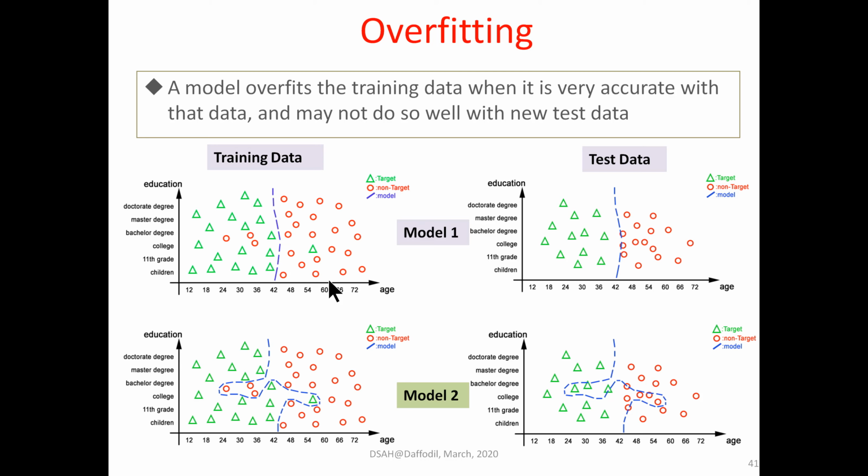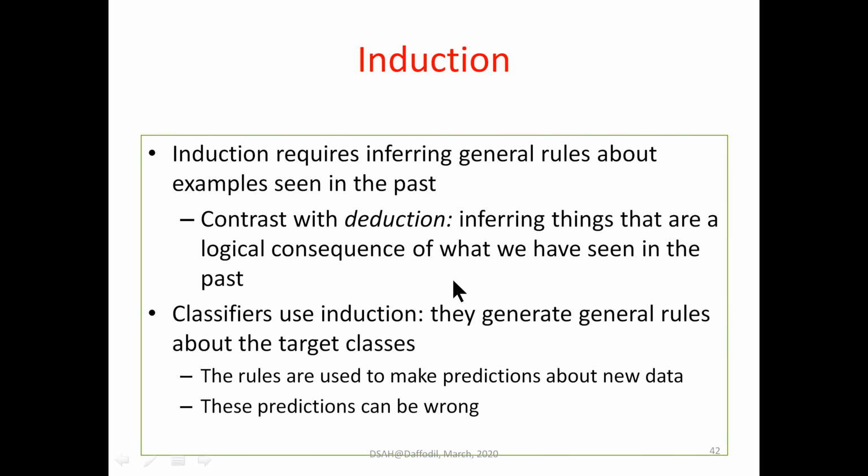If you take a look at the training data here, in model 1 you have a kind of separation. In model 2 you can see there is an overlap. So you can understand pretty simply that if it is an overfit and you give new data, you may not get the right result accurately.